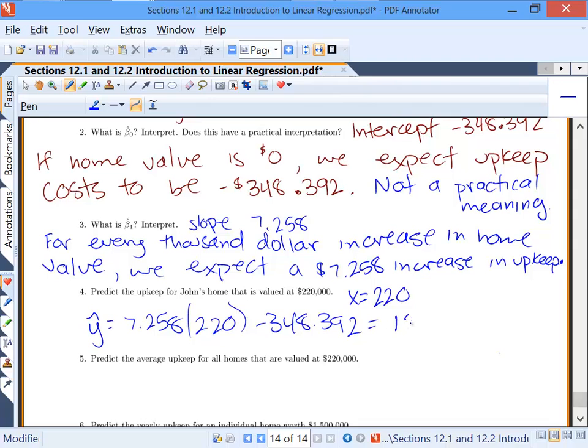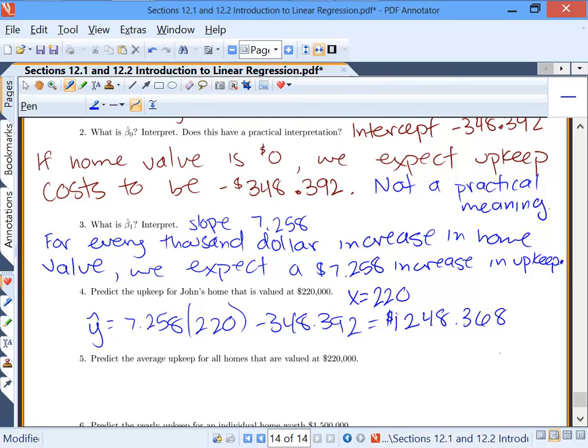So 1248.368, and that should just be in dollars.